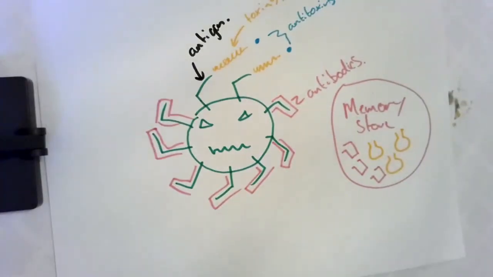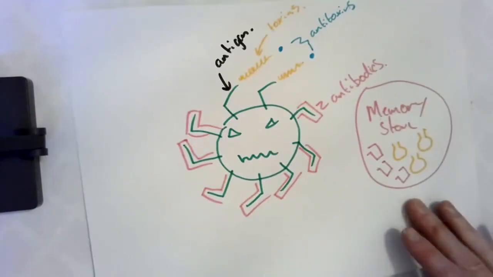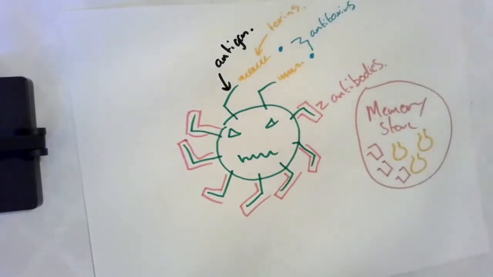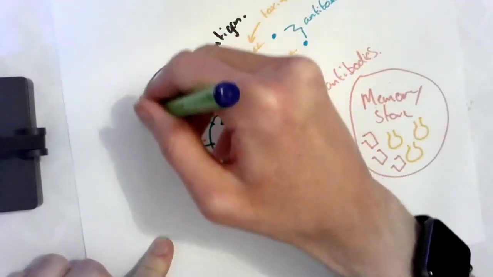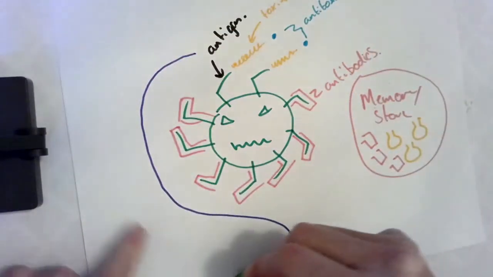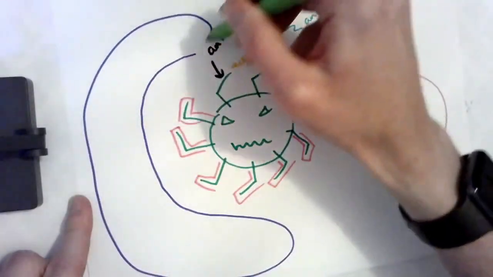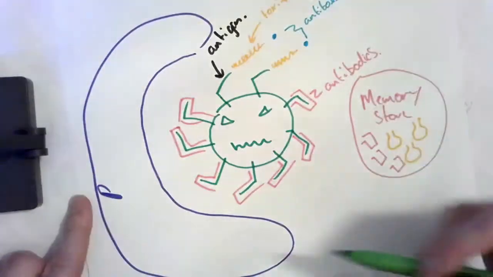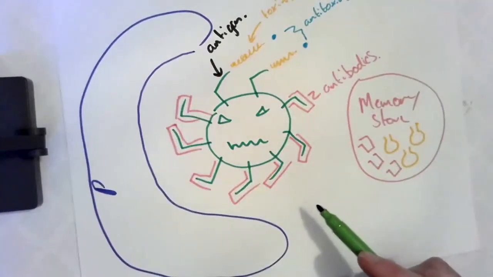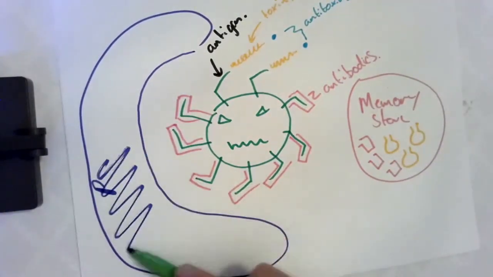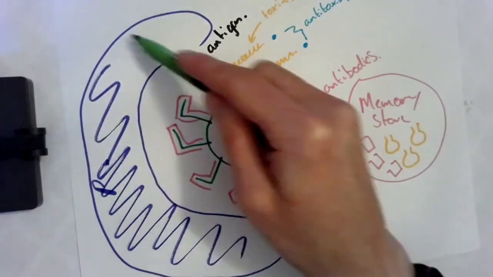They drag your pathogens kicking and screaming towards a phagocyte, and a phagocyte's a nice flexible cell, a bit like this, which is able to wrap around your pathogen and it engulfs it.